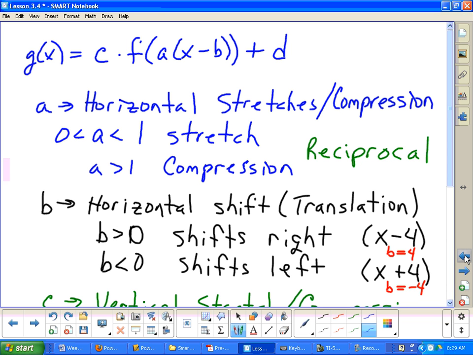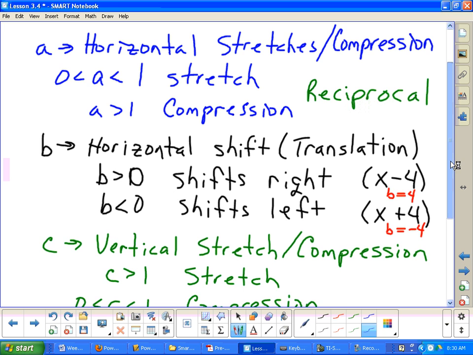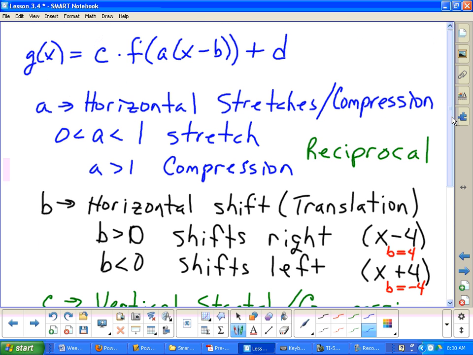So when they ask you to write down the order of transformations, they're always going to happen in that order. Horizontal stretch or compression, horizontal shift. Vertical stretch or compression, vertical shift. So here I've written it down so you have a good idea. Whenever we're dealing with a combination of transformations, we always want it to be in this form.